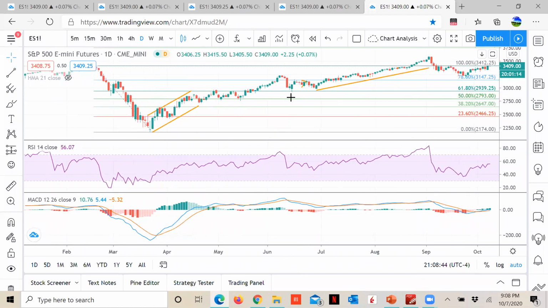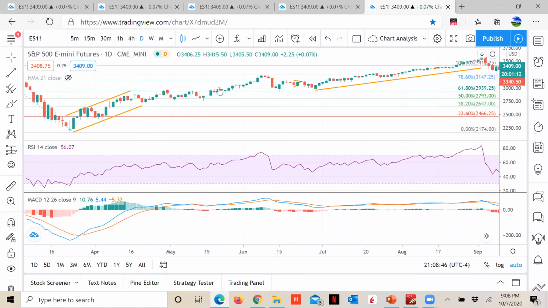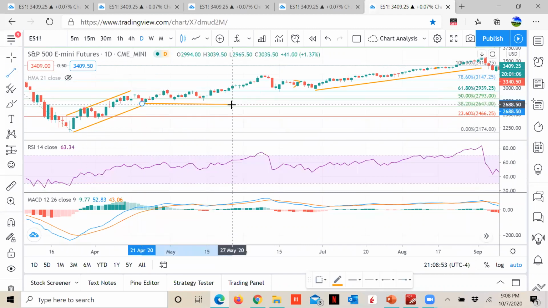It can also give us a pretty good understanding of what the support would be and resistance.